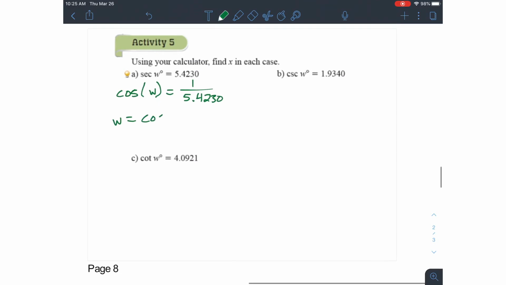W is going to be equal to the arc cosine of that. Then when we type that into the calculator, we are going to get 79.37 degrees.